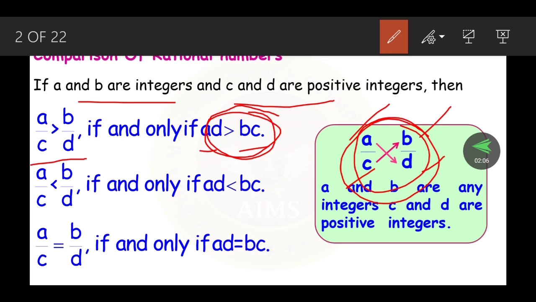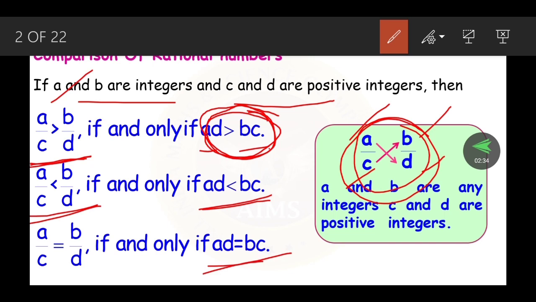In that case, if we cross multiply ad and bc, then with the help of this comparison we can compare the given fractions. If ad is greater than bc, then a by c will be greater than b by d. So very simple. If ad is less than bc, then a by c is less than b by d.